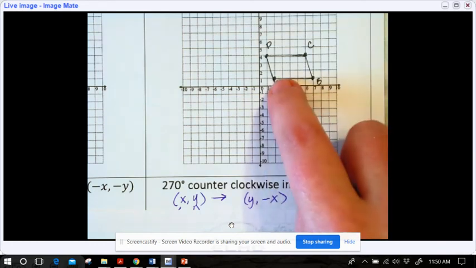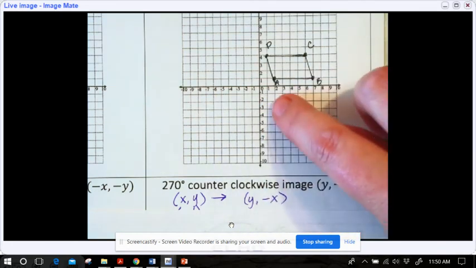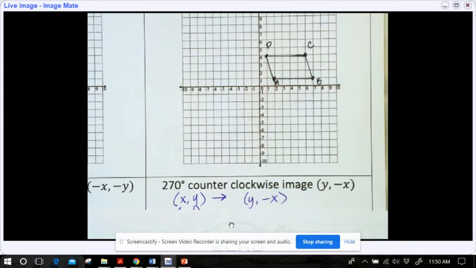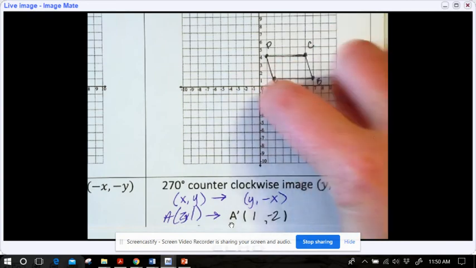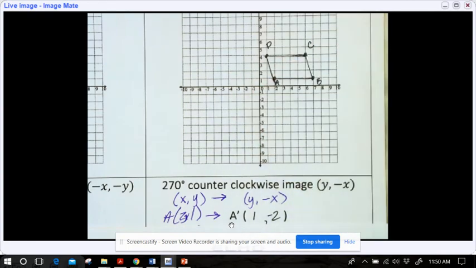Keeping in mind that the A is closest to the origin, I would expect the A to be pretty close to right here, right? Over 2, down 1. So positive 2, negative 1. I'm sorry, positive 1, negative 2, because it rotated, but not a reflection. I was thinking the wrong one for a sec.